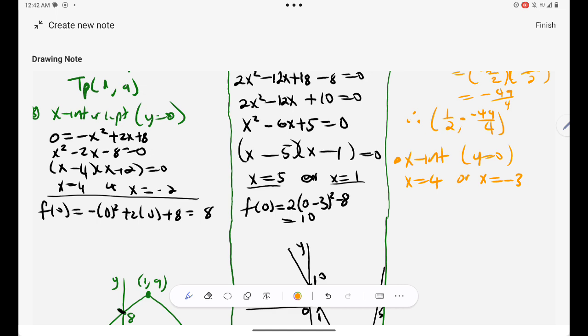Please note that I'm changing the signs. And then for the y-intercept, I need to make my x 0 and then solve for y. I have f of 0 is equal to 0 minus 4, 0 plus 3. What do I get there? I get a negative 12.